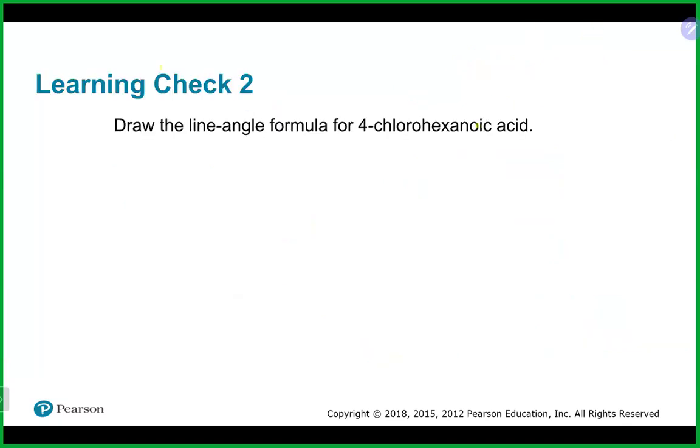All right, so I want you to draw that. We'll draw a couple more here. So let's do 3-methyl butanoic acid.